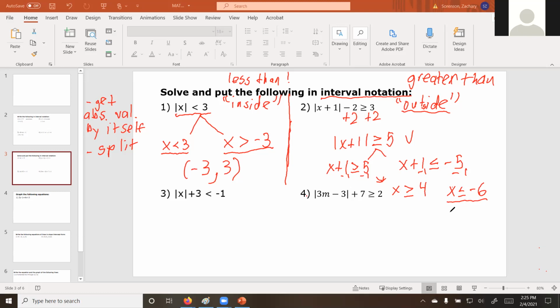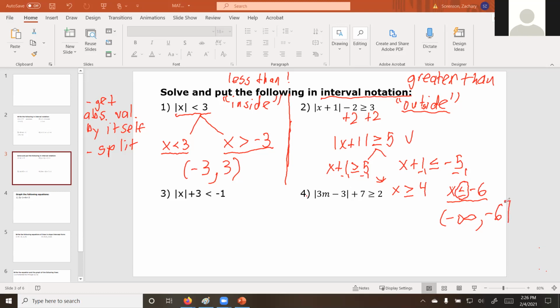Negative infinity. Comma. And then -6. And then what do I put on the -6? A bracket or a parentheses? Bracket.